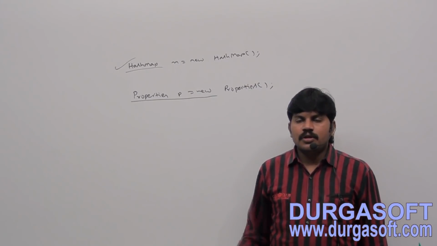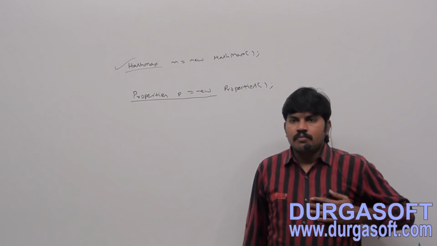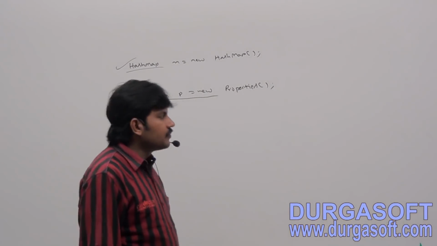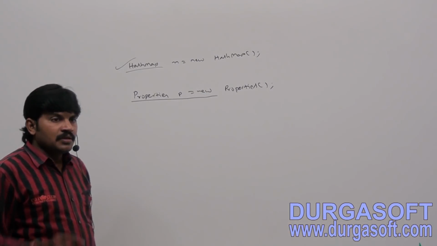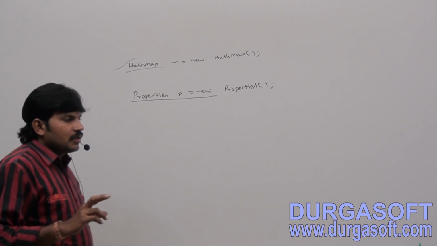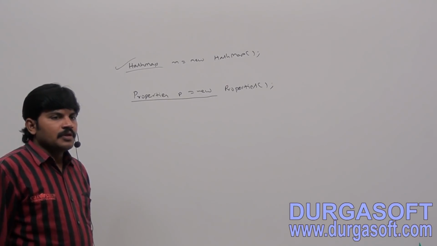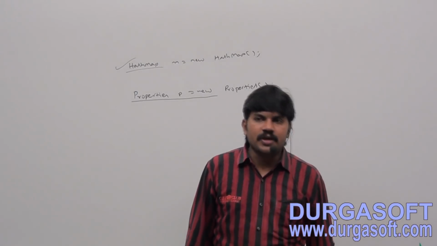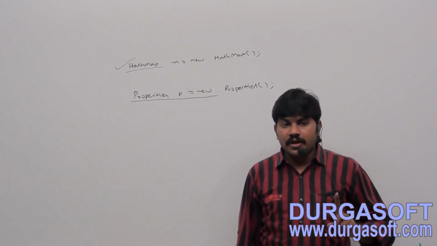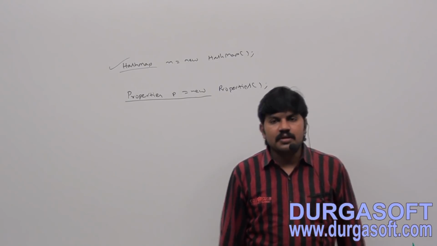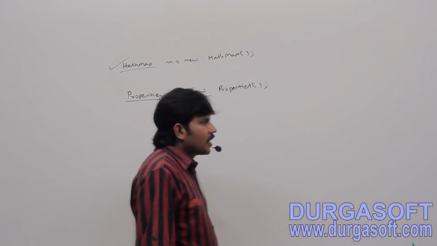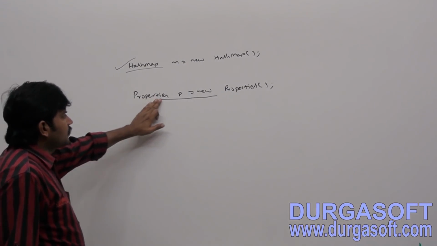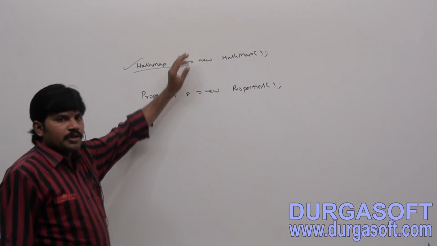But in the case of properties, key and value should be what type? They should be string type. Key and value should be string type. That's all. Completed, right? So make sure you are aware.